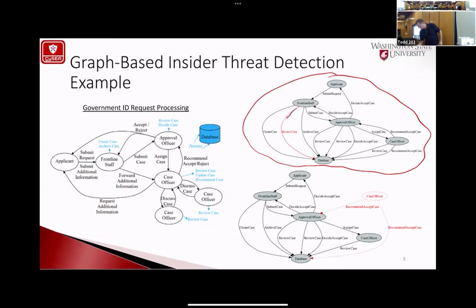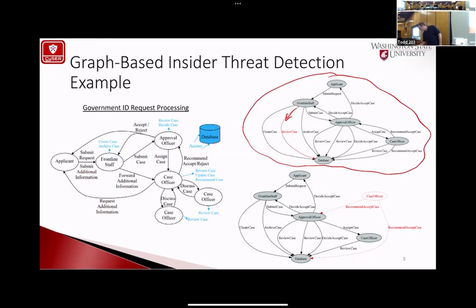But we have this one unusual access where the frontline staff is reviewing a case and looking it up on the database, and they shouldn't be doing that. Obviously, reviewing cases in the database is something that people do all the time. And so we want to be able to detect it, but in the context of what's normal. In other words, in this case, it's pretty obvious if frontline staff accesses the database, that's perfectly fine. But if they do it in this context, then it's a breach of security.